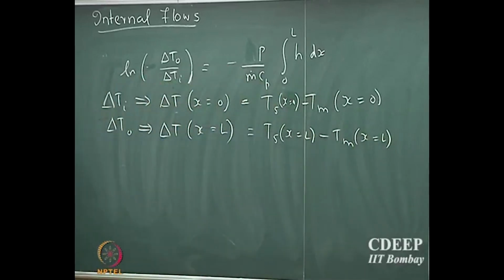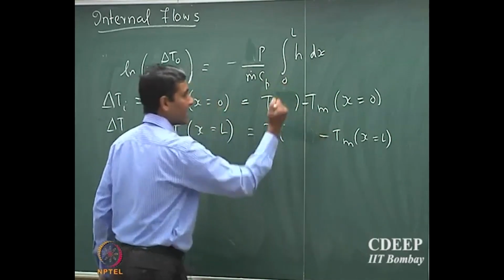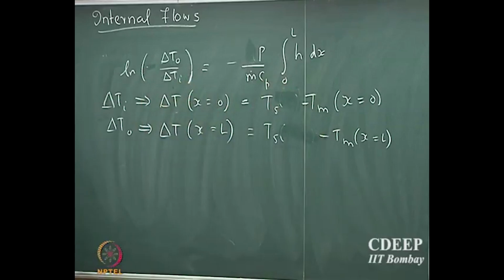But we said it is a constant temperature condition, so Ts remains constant along the surface. So, it is Ts minus Tm at x equal to 0 and at x equal to L.